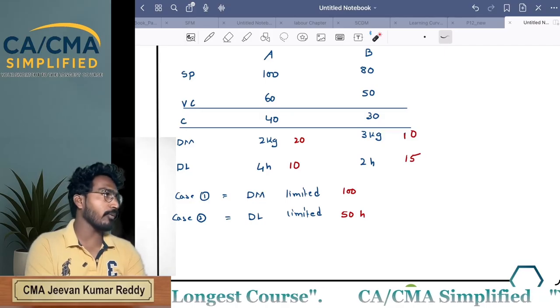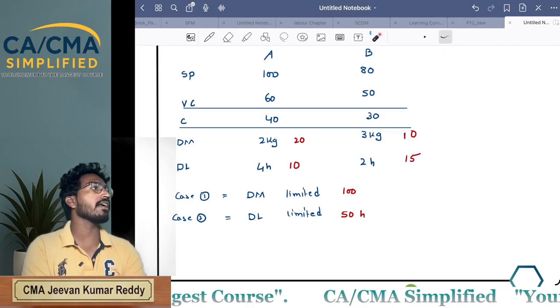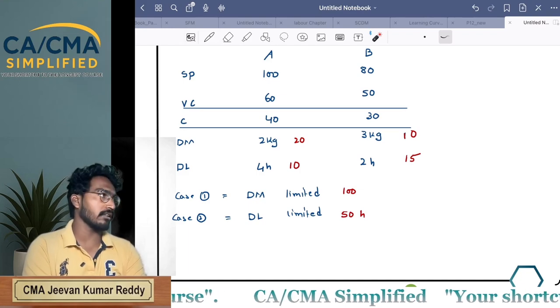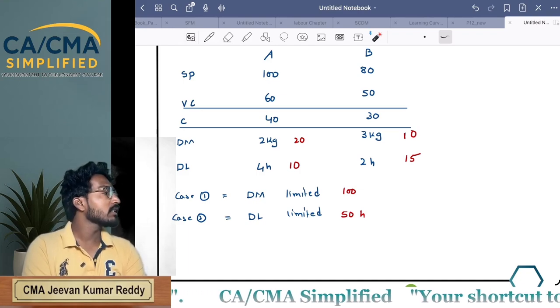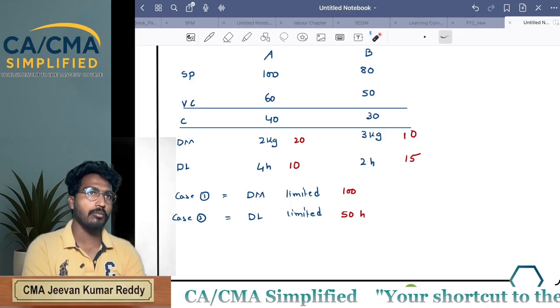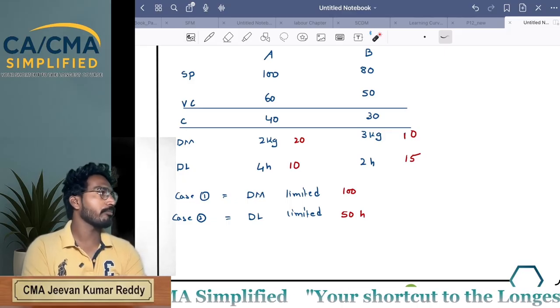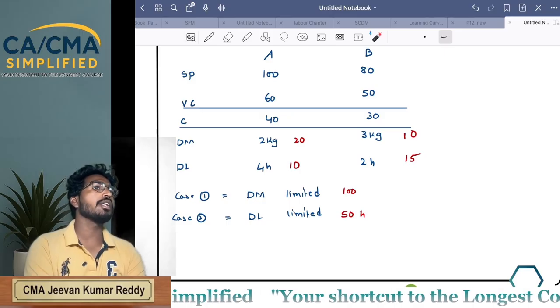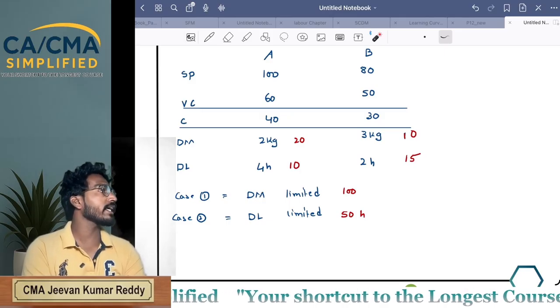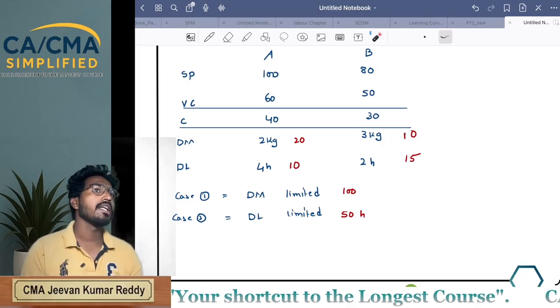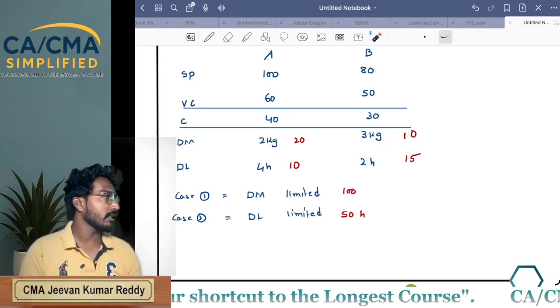For this type of problems, we use linear programming. Whenever we have a single limited factor in the problem, we use the marginal costing technique to solve it. When we have multiple limited factors, two or more limited factors, we use linear programming techniques.